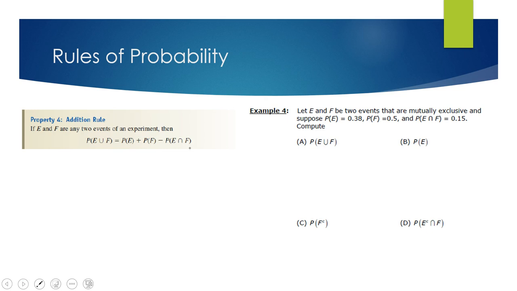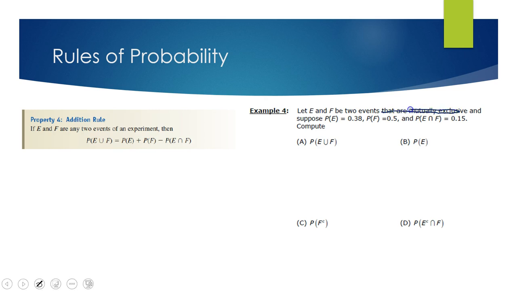So now, for example 4, we can make use of this to some extent because we can say, okay, let E and F be two events that are mutually exclusive. I don't know why it says they're mutually exclusive because I can tell you right now they're not. I might have just forgotten to do a cut or paste. Let's scratch out part of this.